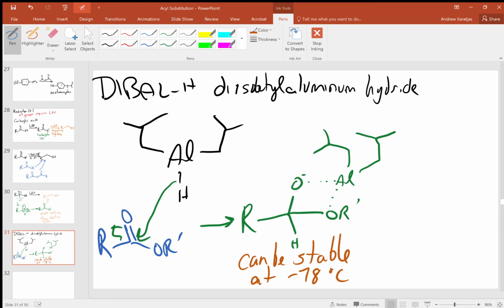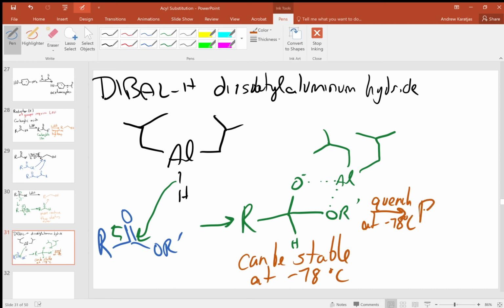If you run this reaction at a warm temperature, this intermediate breaks down, you get the aldehyde, and DIBAL will reduce your ester all the way to the alcohol. But for some esters at least, if you keep the temperature low enough, this intermediate ends up being stable, and then you quench the reaction while it's still cold.